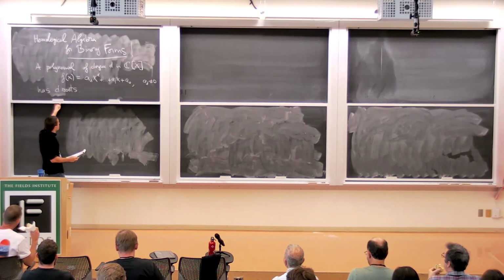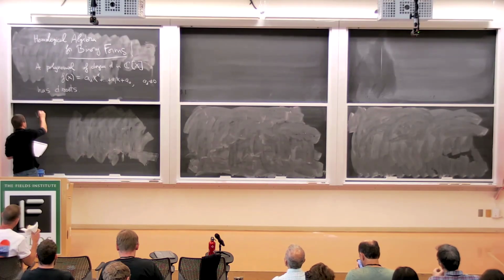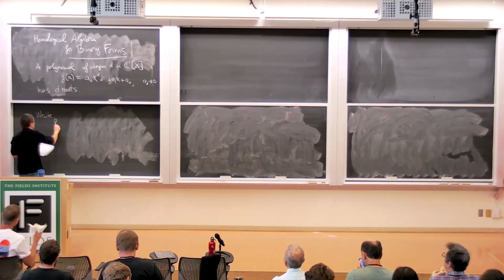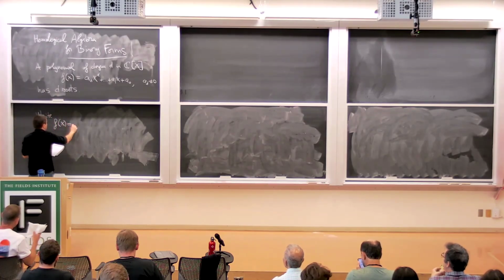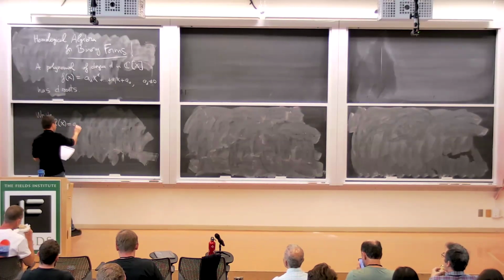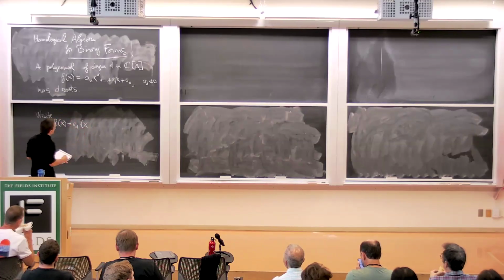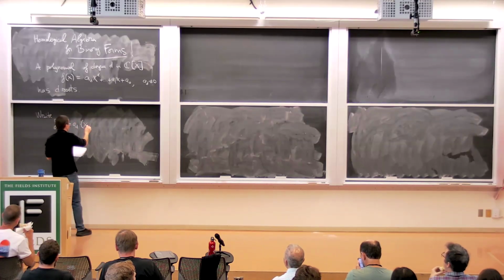So in other words, you can factor it as, maybe the leading term is a_d, and then you can group together the roots that are equal to each other, right?